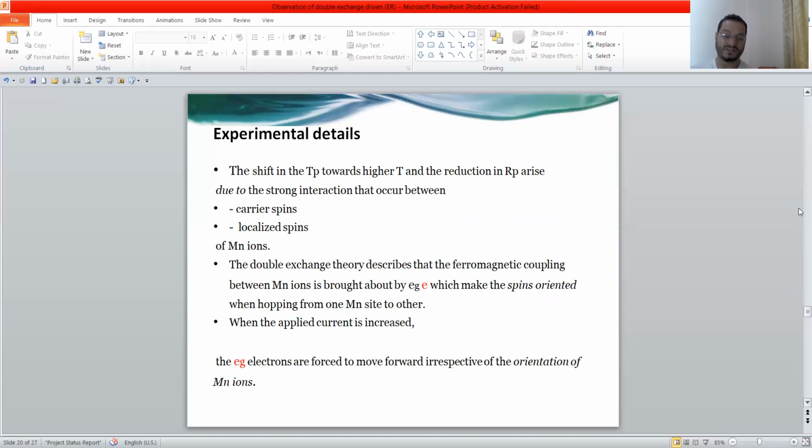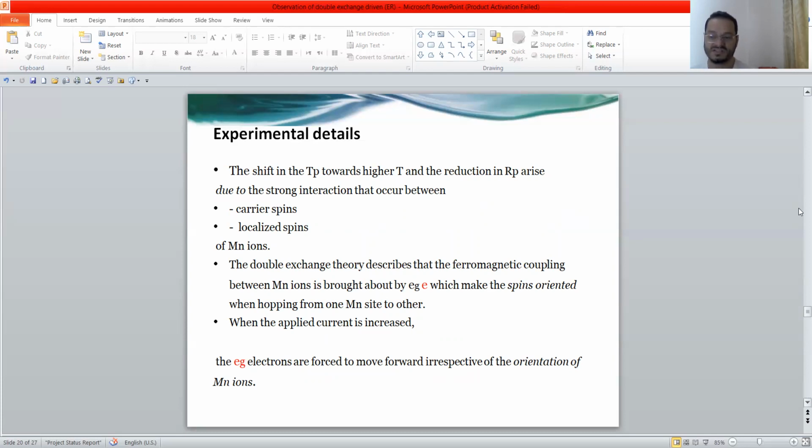When the applied current is increased, what will happen? The Eg electrons are forced to move forward irrespective of orientation toward Mn ions.